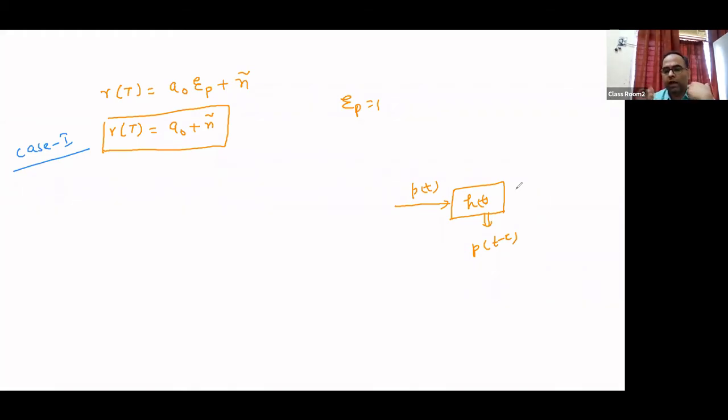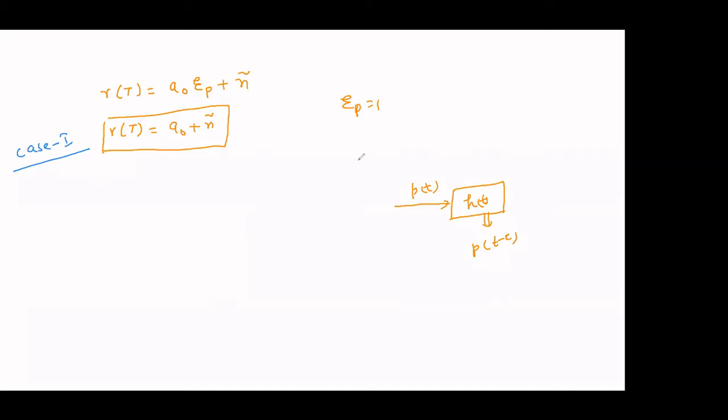And then we also add some noise with this signal, because whenever the pulse is coming from the channel, there will be some noise from the atmosphere which gets added. So to represent the complete received signal, we write that r(t) is A naught EP plus n tilde. This is the completely received PAM signal.